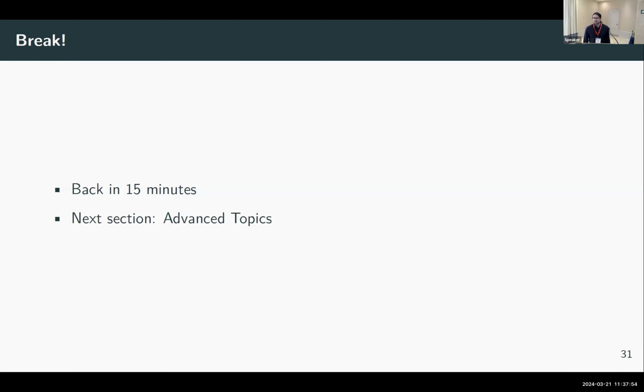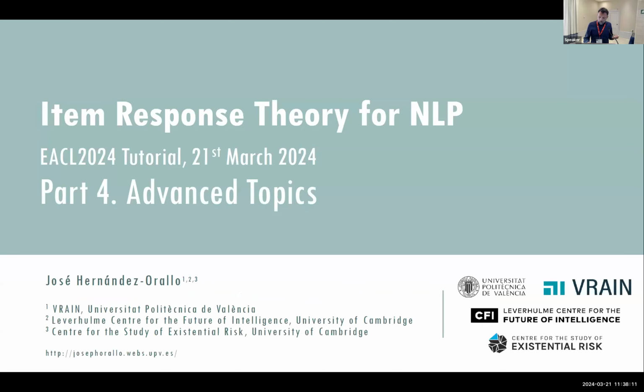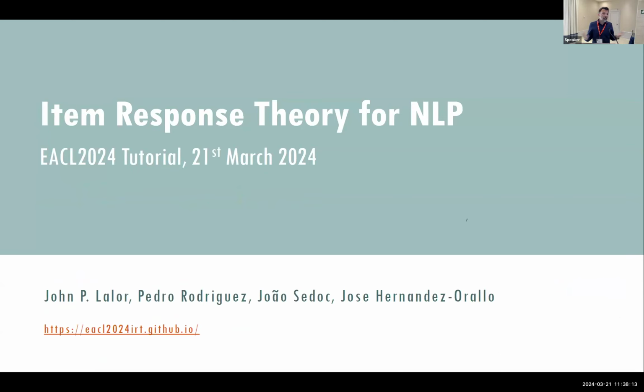Okay, so what we've seen so far is basically that IRT is relatively straightforward, especially if you use some of the libraries that make it easy for you. You just take a set of models and you don't need to know anything else.